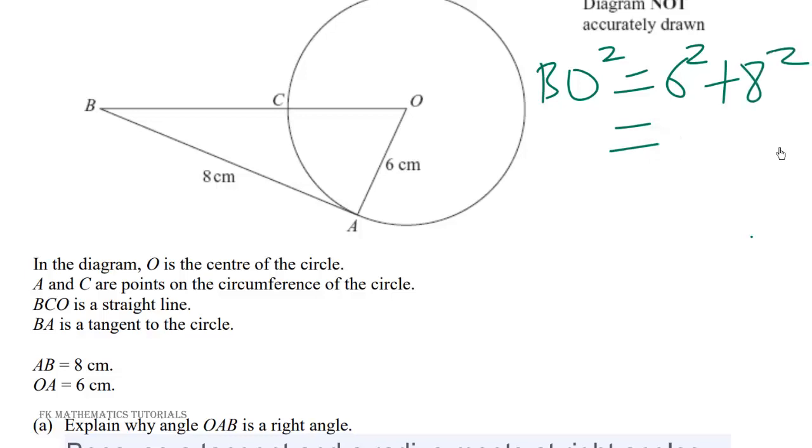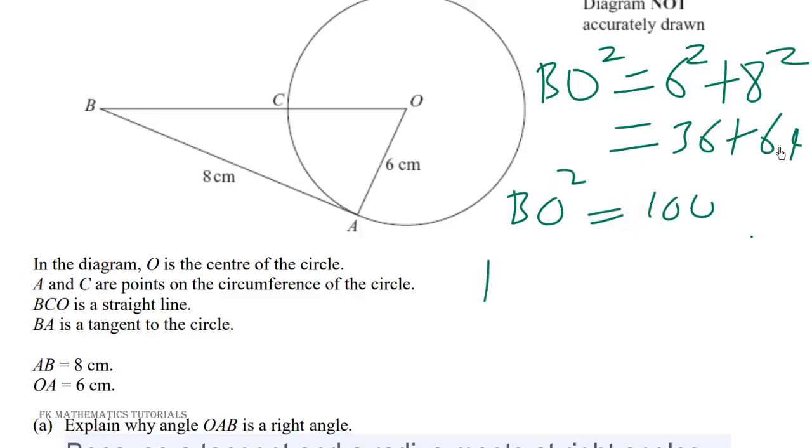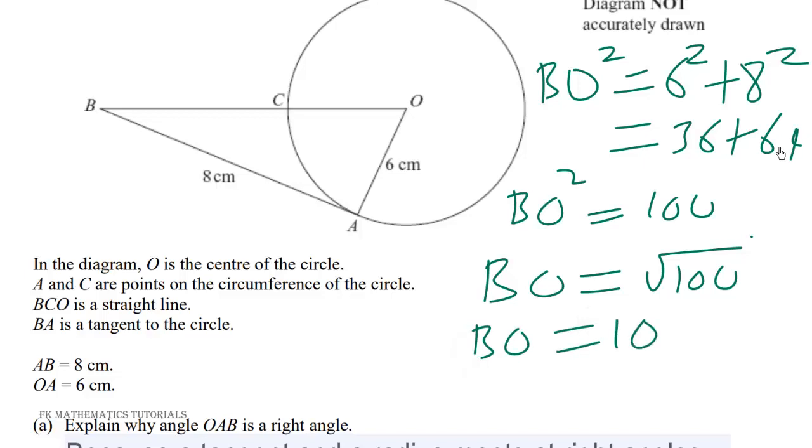Now 6 squared is 36 plus 64. So it means BO squared is equal to 100. So BO will be equal to square root of 100. BO is equal to 10.